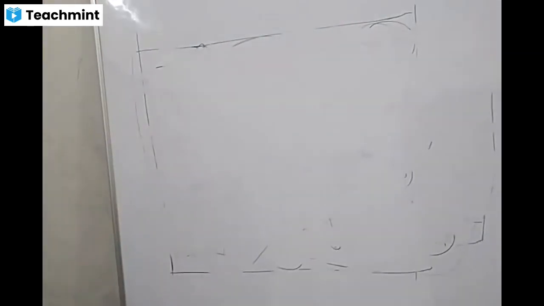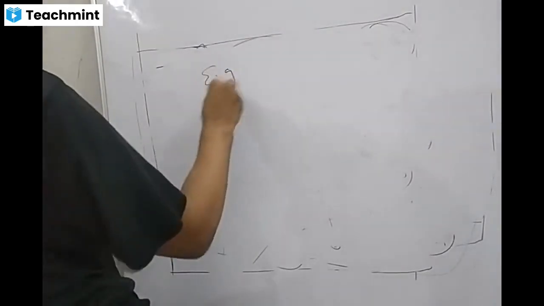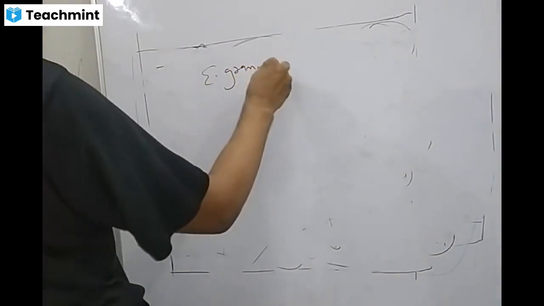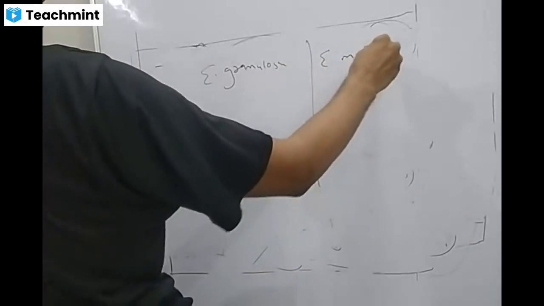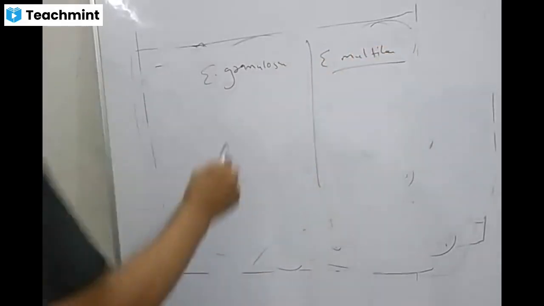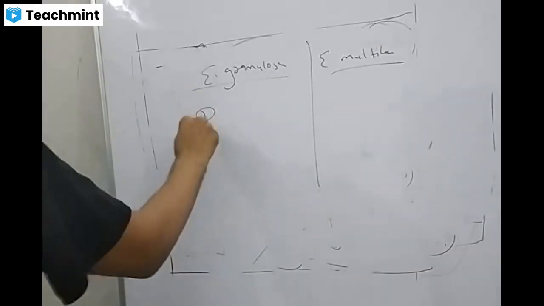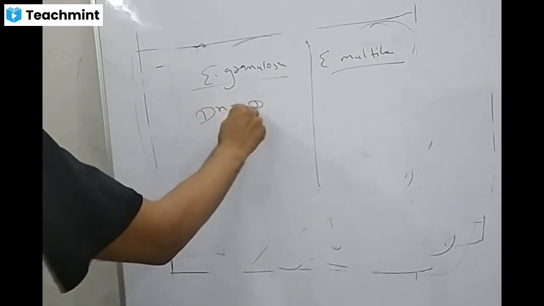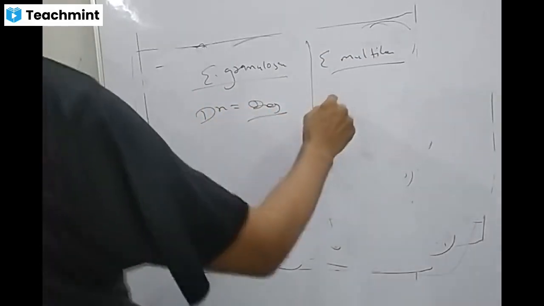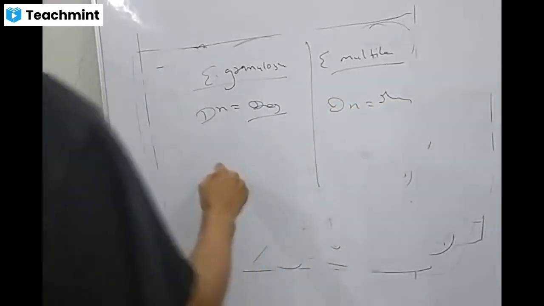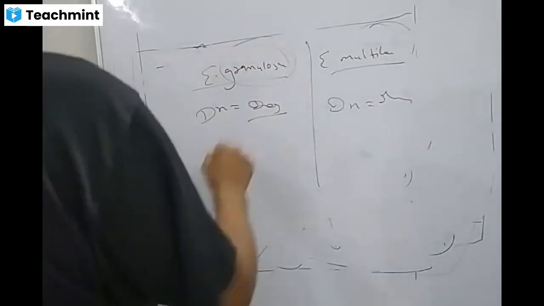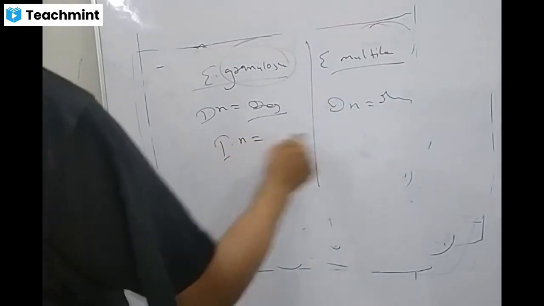So Echinococcus granulosus and multilocularis are two tapeworms. What is the only simple difference? One is known as granulosus and one is multilocularis. In the case of granulosus, the definitive host is dog, and the more important one is the intermediate host.